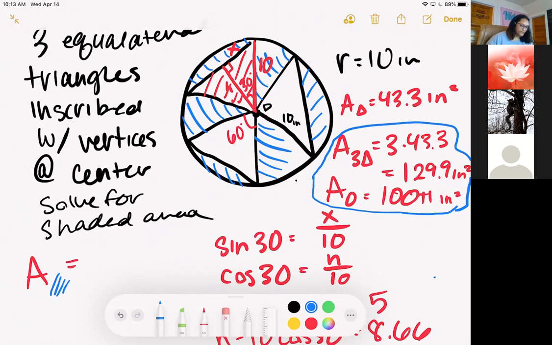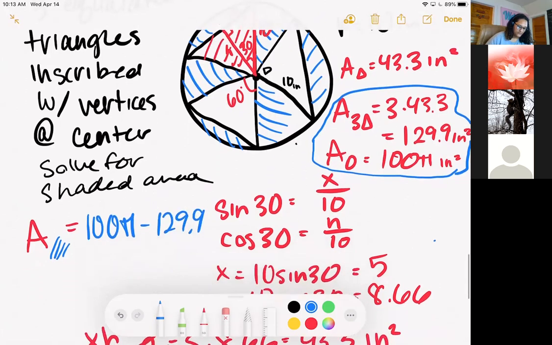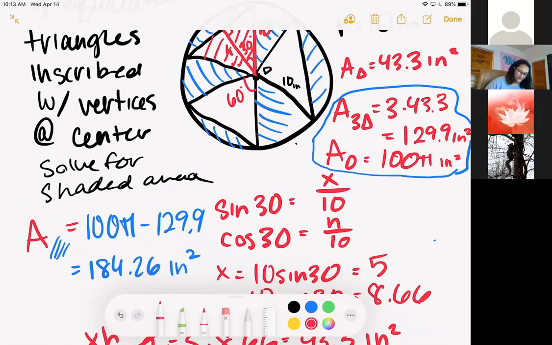Yes. But what operation did you do? I want to write it down. Subtraction, 100 pi minus 129.9. Awesome. Questions?